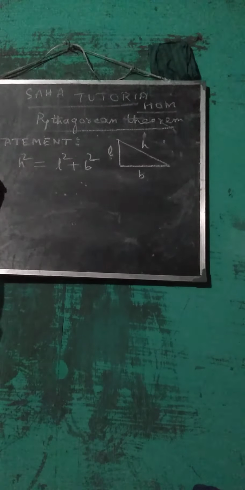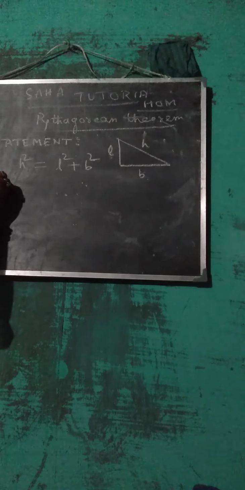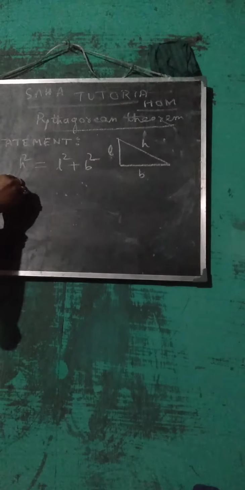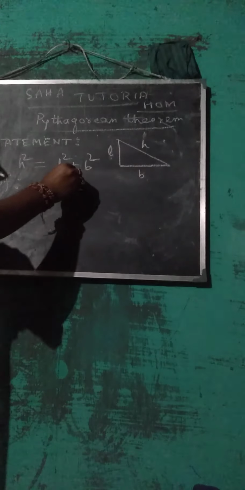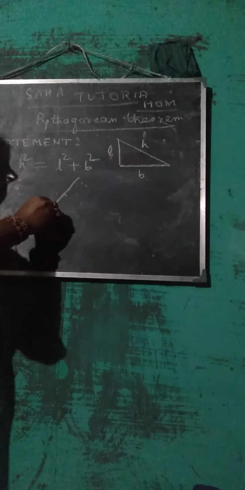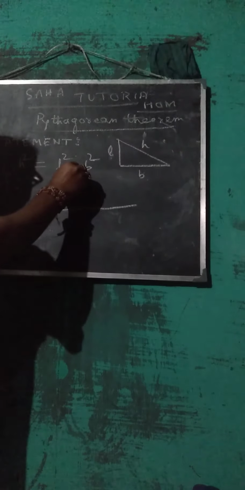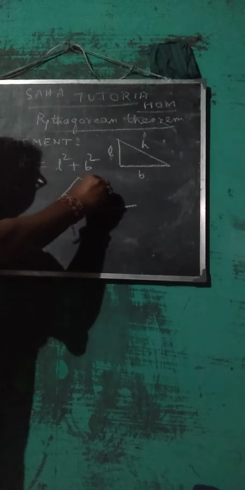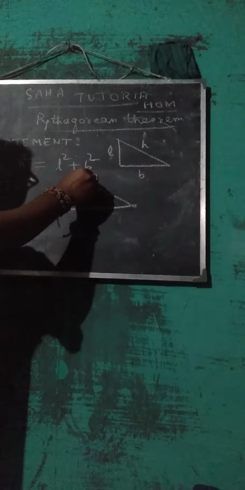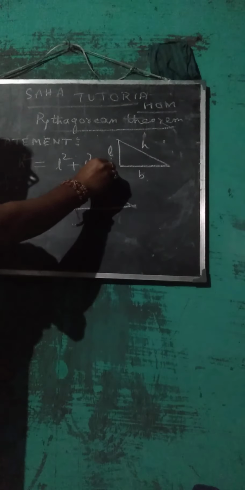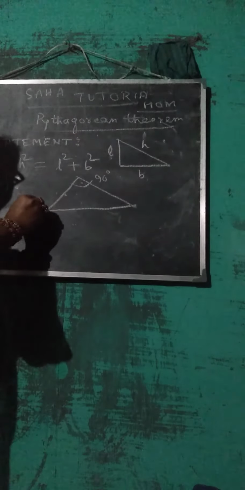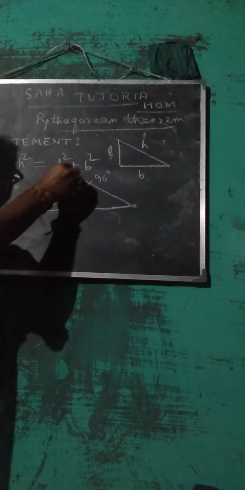So how can we prove it? First take the right triangle in this way. This is the right triangle, this is 90 degrees. We take A, B, C, with angle B equal to 90 degrees.